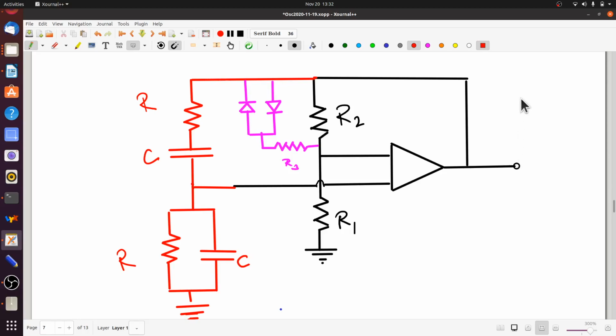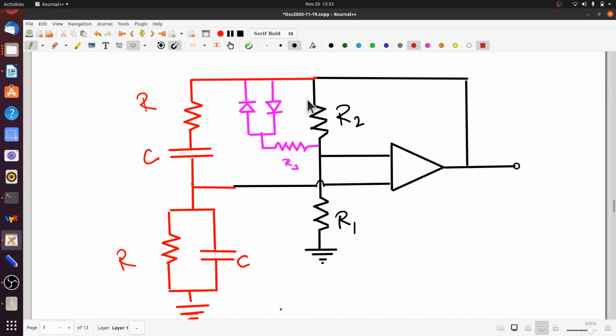But once the output becomes large enough, one of these diodes, depending on whether the output is positive or negative, cuts in. And then R3, which is in series, comes into play and basically comes in parallel to R2, reducing R2, hence reducing the gain.